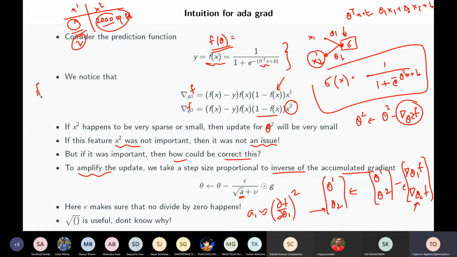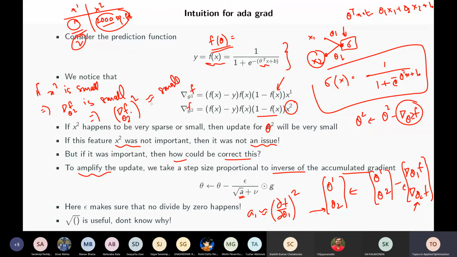So if x2 is small, then this implies grad f theta 2 is small, so grad f theta 2 squared is also small, because A contains the square of that. Grad f and del f by del theta 2 is the same thing, right?